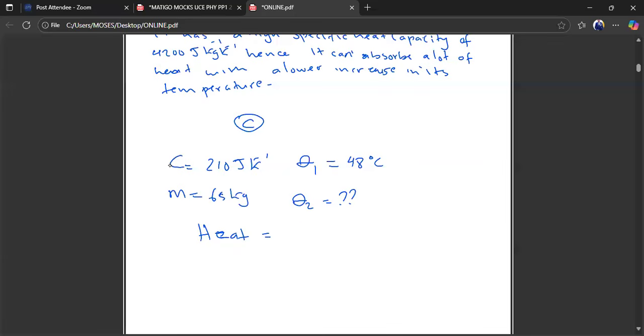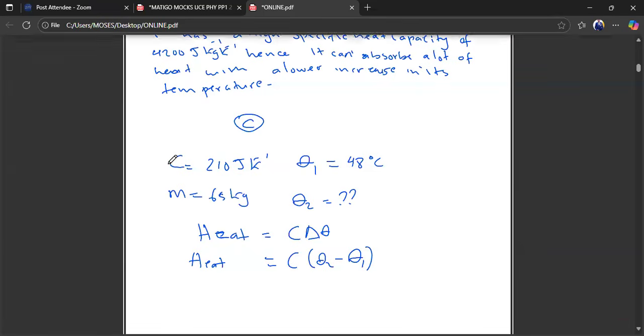Heat is given by heat capacity times the change in temperature, whereby our change in temperature will be given by the final, which is theta 2, minus the initial, which is theta 1, whereby theta 2 will be the new temperature of the tire after the braking, and theta 1 will be the initial temperature of the tire before the braking.